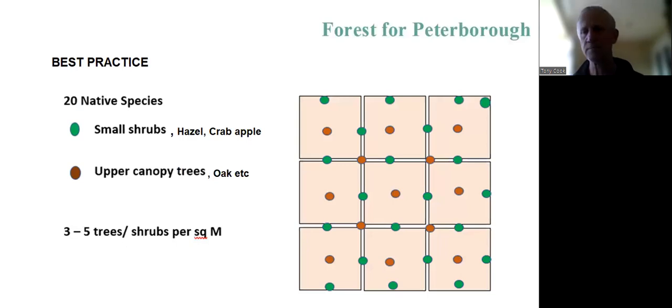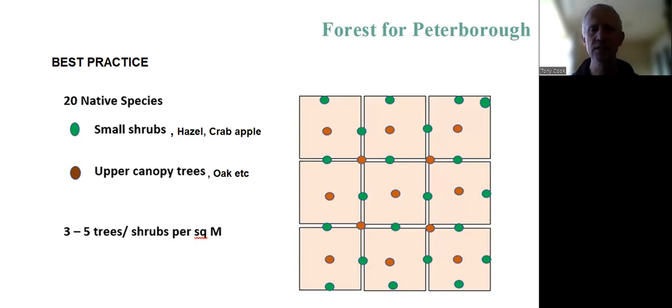When we plant trees or other planting schemes, we often, as I previously mentioned, choose between 20 native species. And what we do is we separate those bigger trees, so maybe oaks and alders and so forth, and we refer to those as our upper canopy trees.